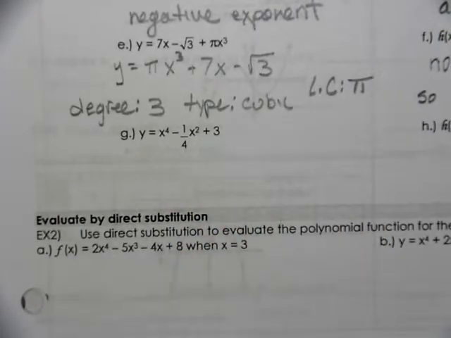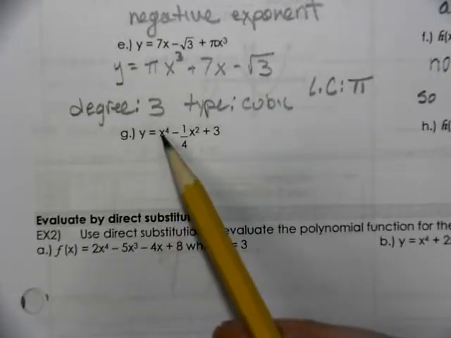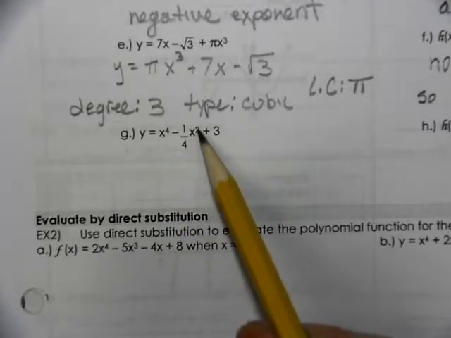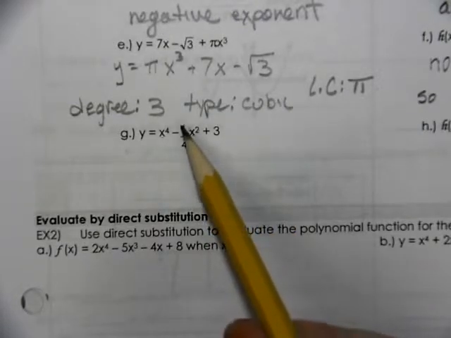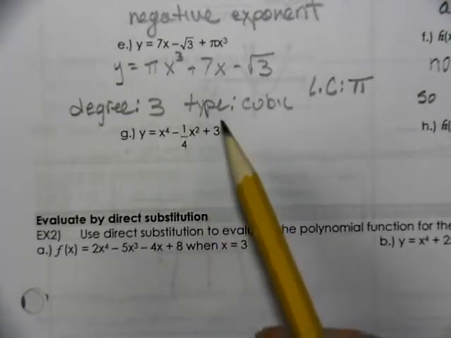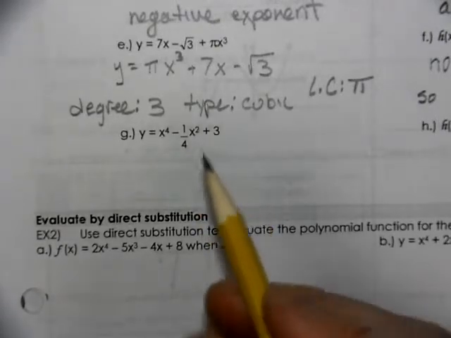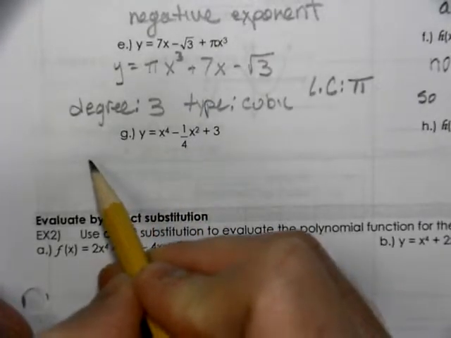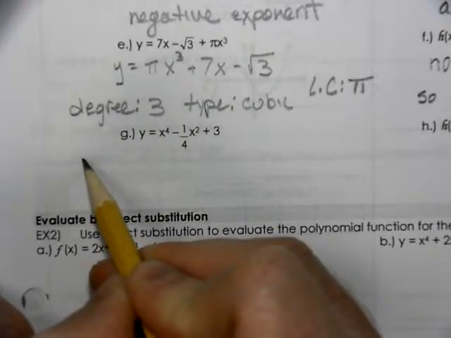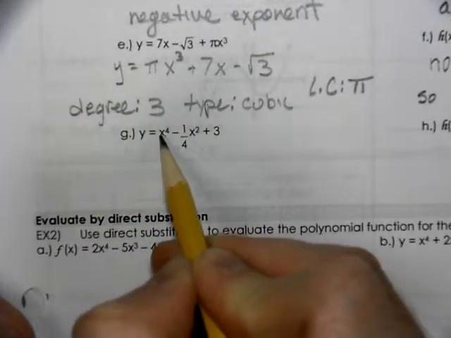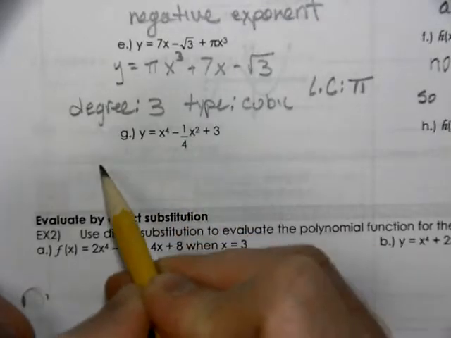Is this a polynomial? We see that it's x to the fourth, x squared, x to the nothing. It does have a fraction, but the fraction is a coefficient. That's okay. So here we would say yes. It's already in standard form.